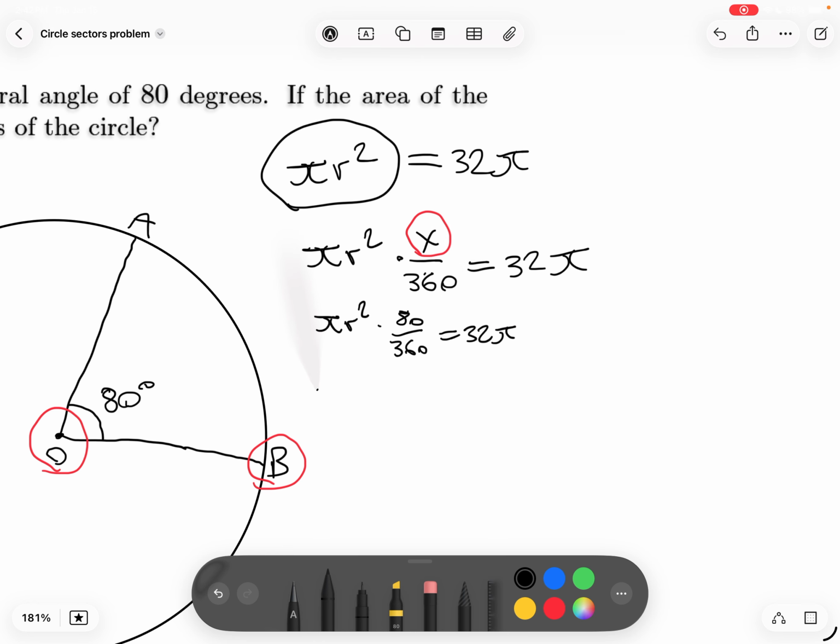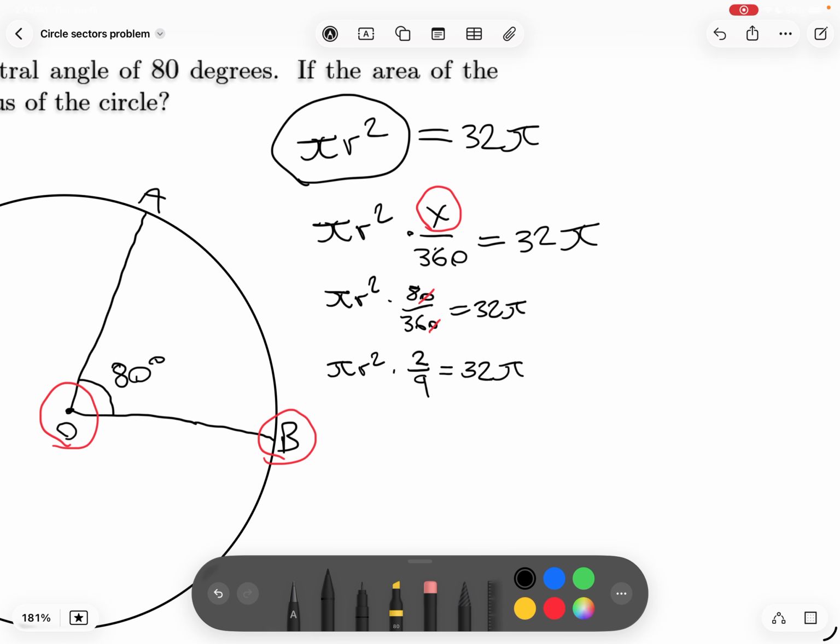Then we can simplify this fraction. We can first chop off the zeros, which leaves us with 8 over 36. Then we divide by 2 on top and bottom, you get 4 over 18. Do that again, and you get 2 over 9. So 2 over 9 is our simplest form fraction, which is equal to 32 pi, once again.